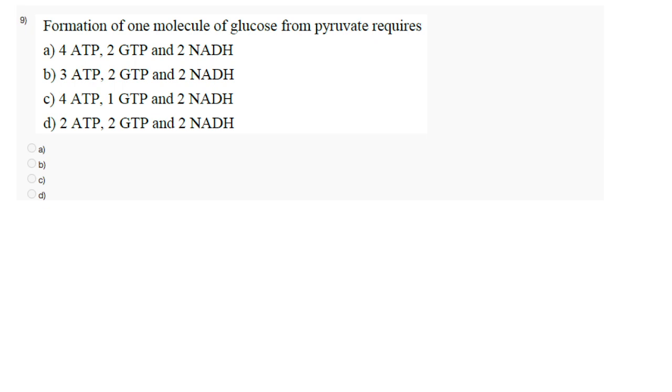Okay, next question we have here. Formation of one molecule of glucose from pyruvate requires: 4 ATP, 2 GTP, 2 NADH; 3 ATP, 2 GTP, 2 NADH; 4 ATP, 1 GTP, 2 NADH; or 2 ATP, 2 GTP, 2 NADH.